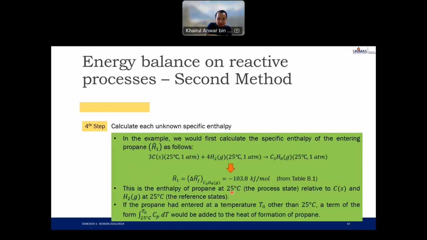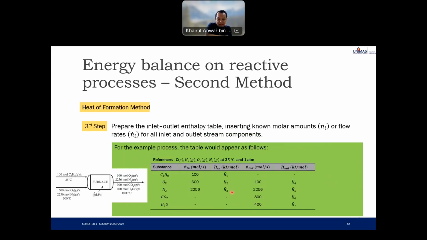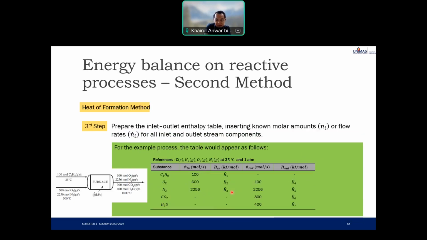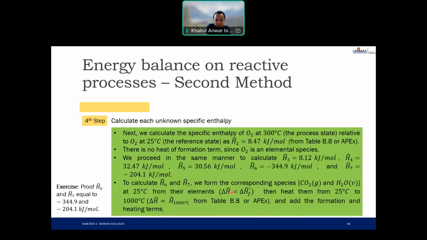For H6 and H7, H6 is CO2, H7 is water. So CO2 and H7 are different.